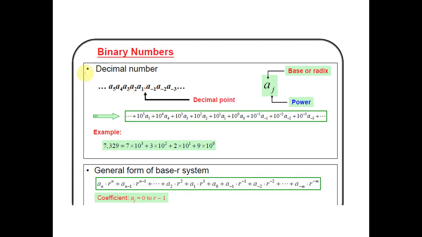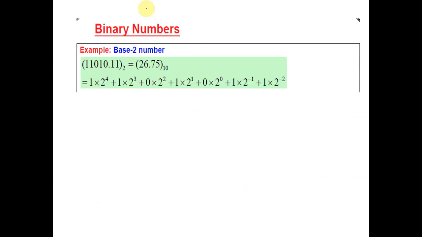Now this is the generalized method. Note the given binary number, 111010.11, which is converted into decimal.